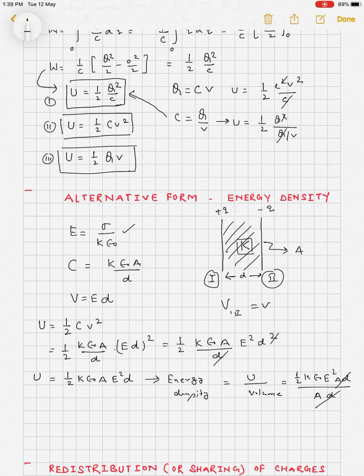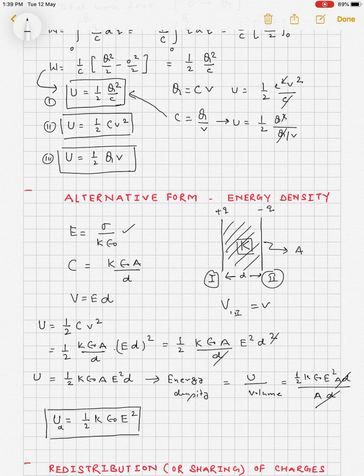So Ad is cancelled out, we get U is equal to half K epsilon naught E square. So this is energy density, UD. So UD is equal to half K epsilon naught E square.